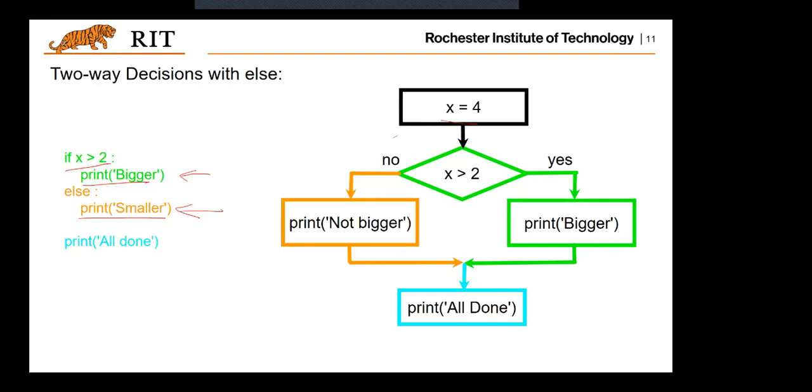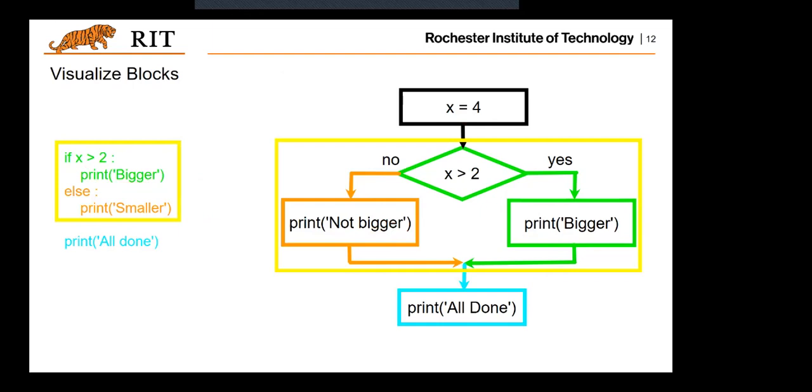In this case, yes, so print bigger. Otherwise, print smaller. Oh, I think it should be smaller; I will correct this. And as you can see, this two-way decision block is represented by these illustration figures. Basically, they are equivalent, and you can see clearly how this works.